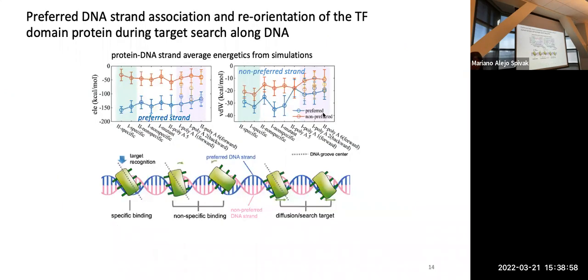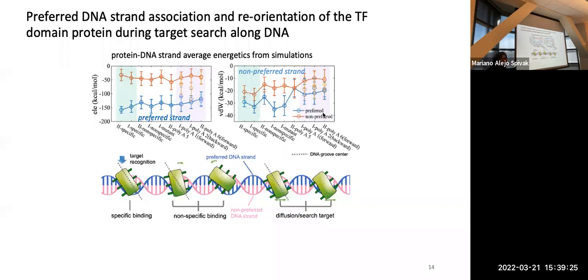Okay, so let me summarize this atomic simulation part. Basically, we look at the energetics, electrostatics, and preferred strand. So you always see the trend. Then we have different systems, specific, non-specific, movement, and different force fields, and they always show the trend. As you can see, the bias is most significant when it binds to specific DNA.